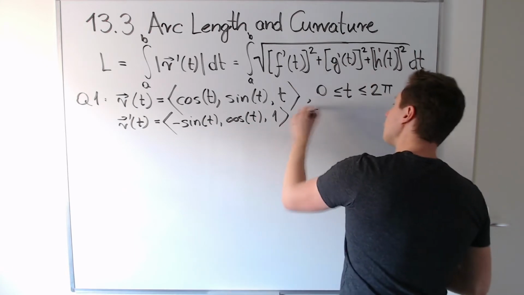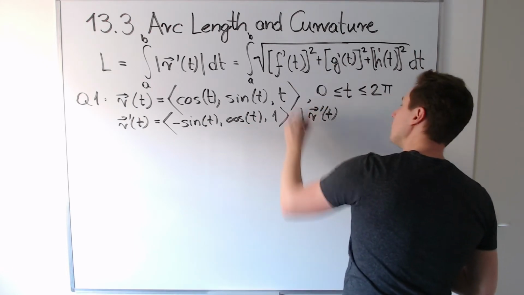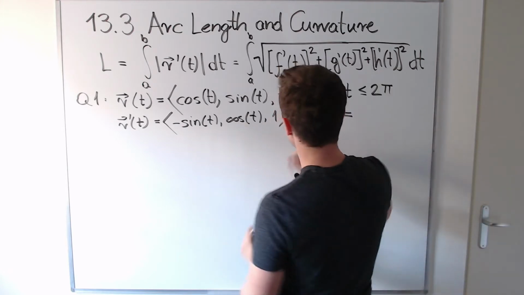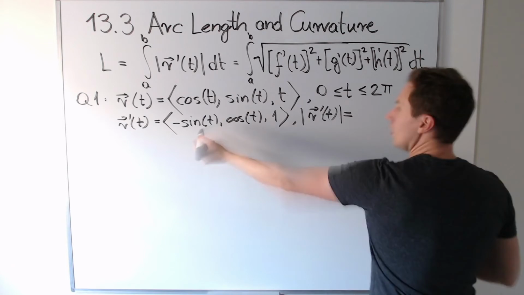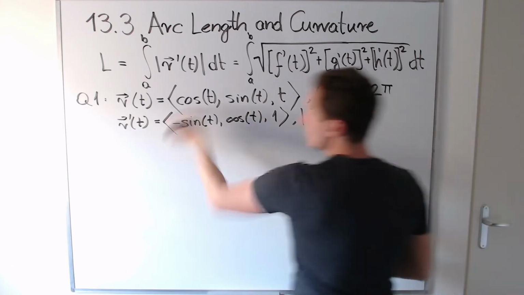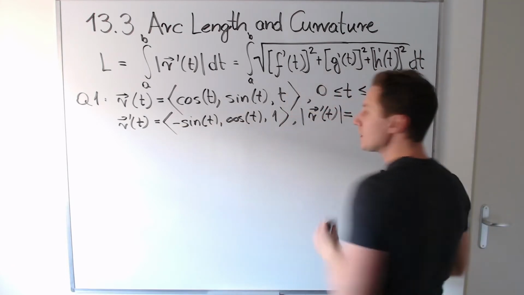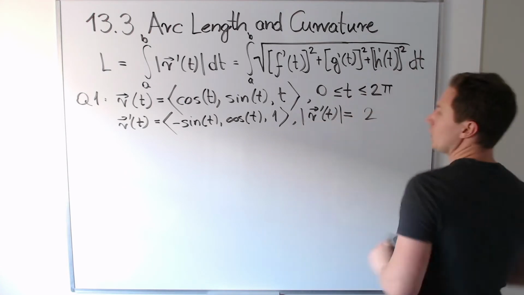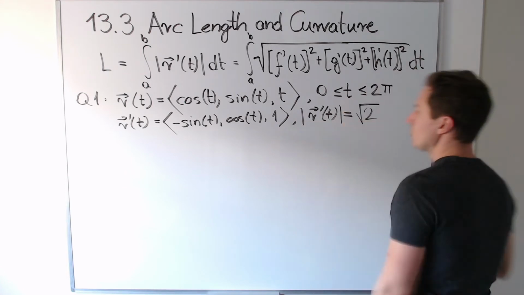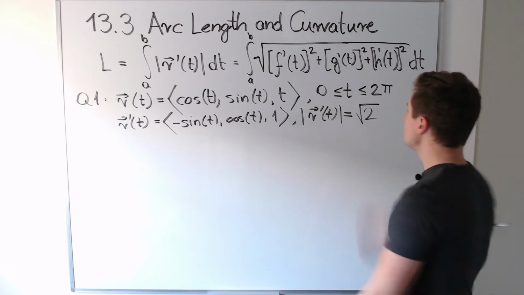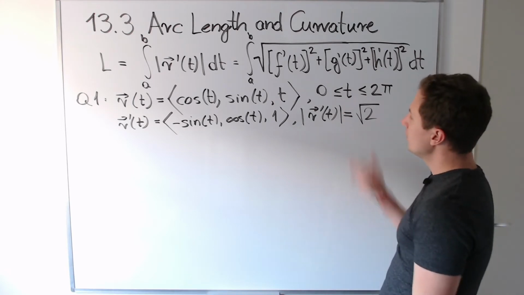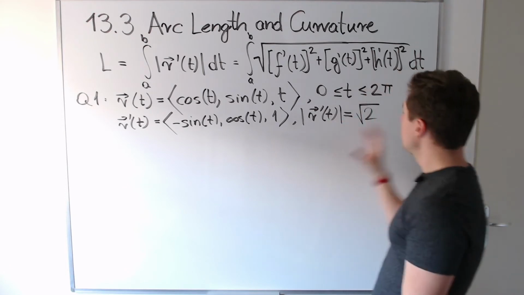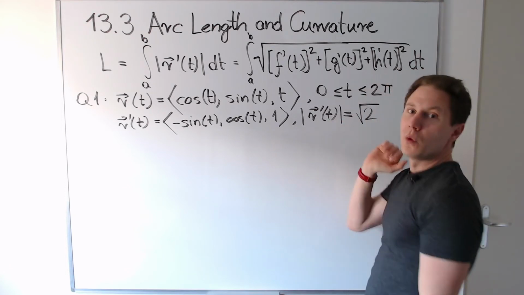The length of that derivative, the squared sum of its coordinates, is sine squared plus cosine squared, that gives you 1, plus 1 squared, that gives you 2, just using the famous trigonometric identity. Taking the square root gives us root 2. So indeed, the length of the derivative vector is just root 2 for all values of t.